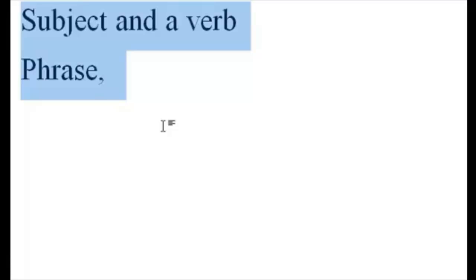So I'll give you an example. So this is a clause: I like dogs, right? And if you watch some other lectures I've made, you probably know that the subject is I, like is the verb, and dogs is the object, something that you like, right? So this is a clause because it has a subject and a verb, and even an object.